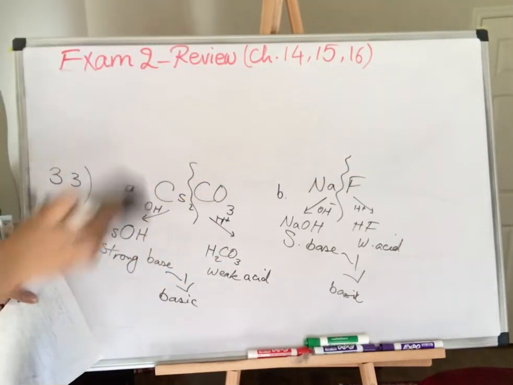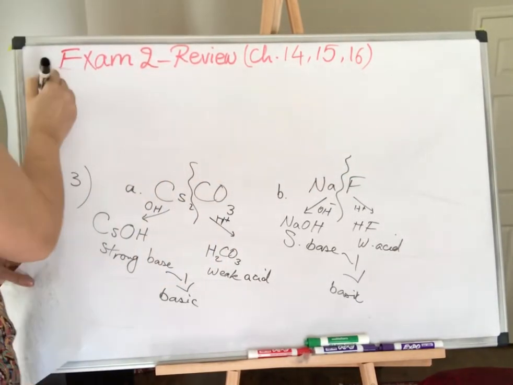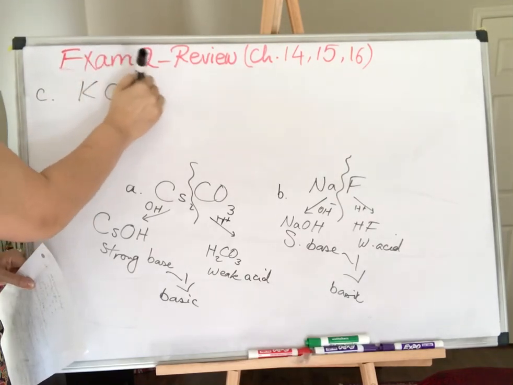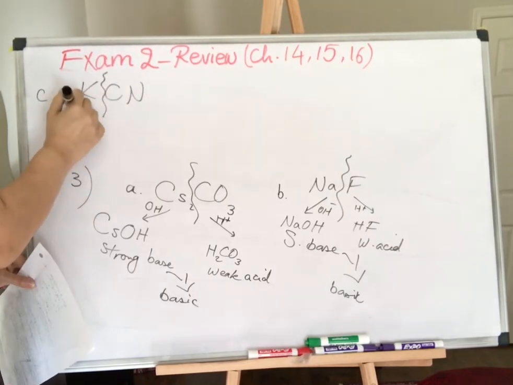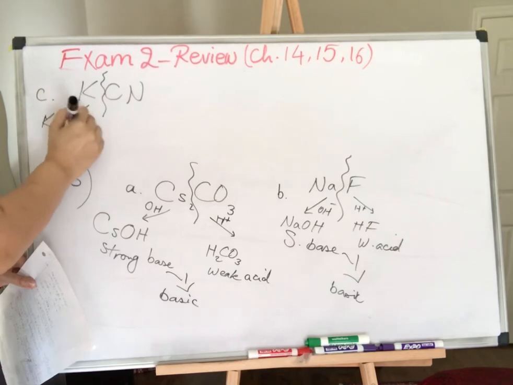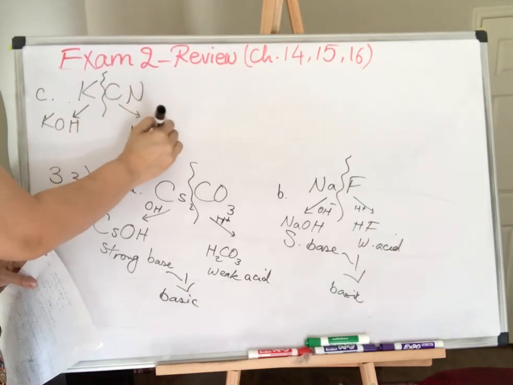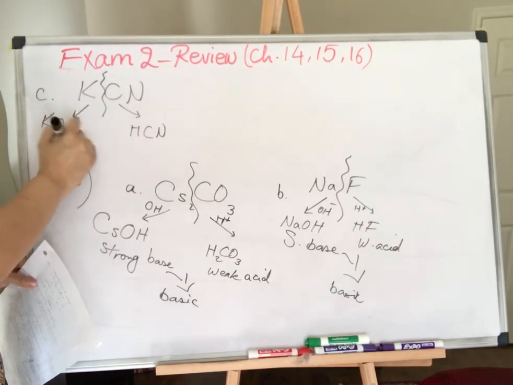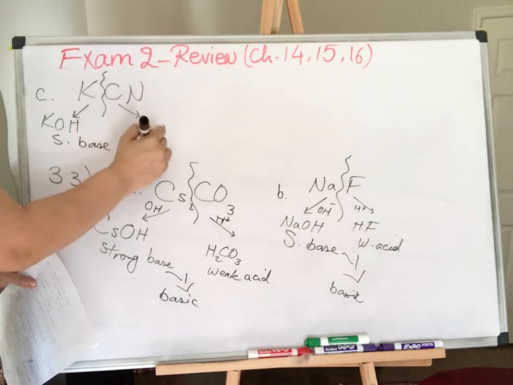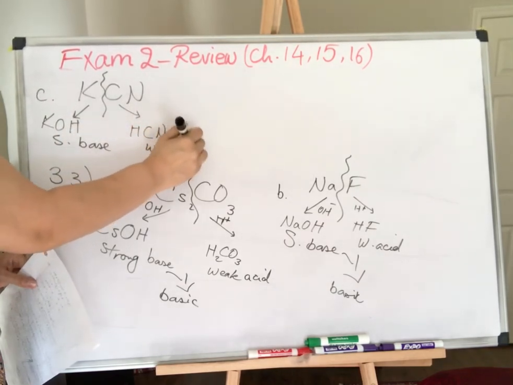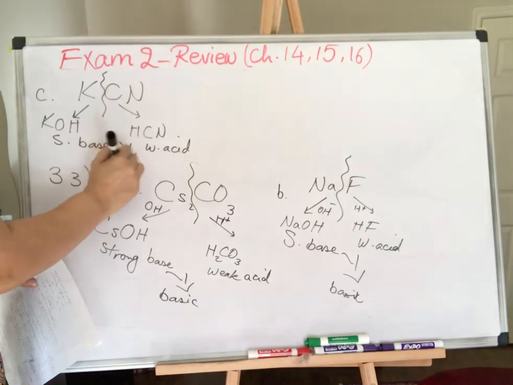Then C is KCN. KCN divided again, with OH is KOH, with H is HCN. This is a strong base. This is the weak acid. Again, the result is going to be basic.